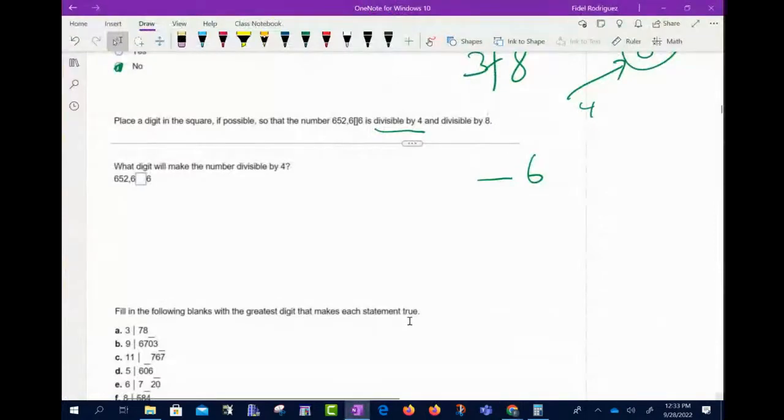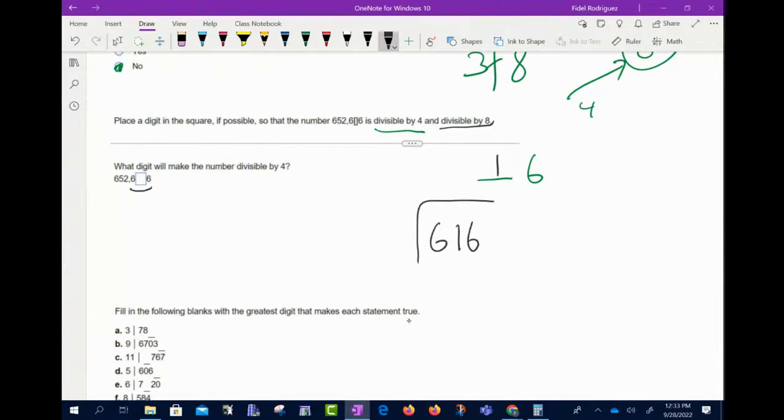So if I come back here and it says what digit will make the number divisible by 4? Well, I would definitely say I could include a 16. I could do that. And it says and divisible by 8. So now if it's going to be divisible by 8, I have to look at the last 3 digits.